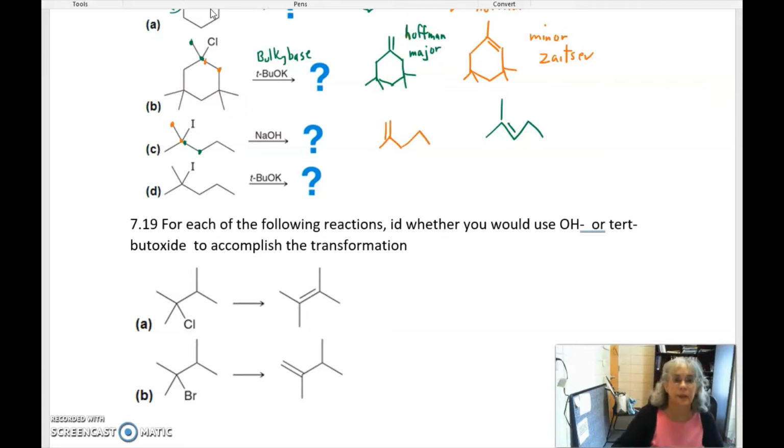So this is the Zaitsev, and this is our Hofmann. If we have a non-bulky base, like a regular base, we'll expect this to be the major product. This is the same compound, but with a bulky base, we expect the Hofmann to be the major product.